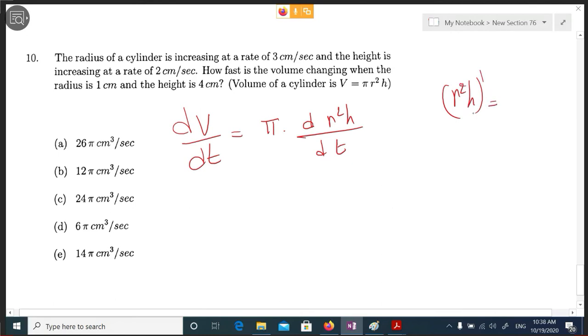So what do you do? Product rule. So it is pi times d(r squared)/dt times h plus r squared dh/dt. Is that clear?